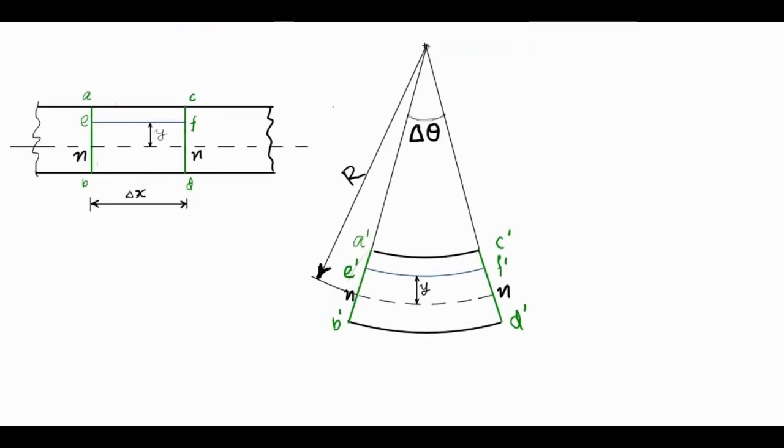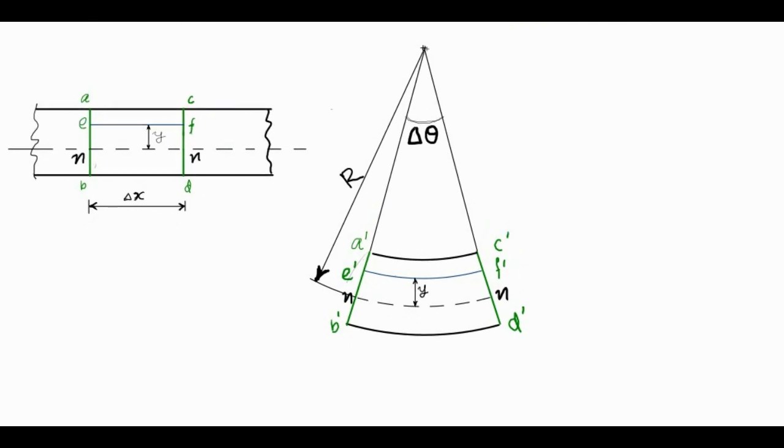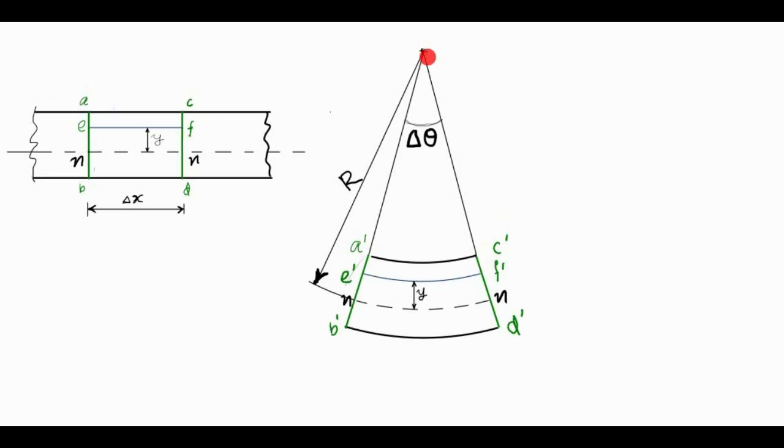We can also see that A dash C dash, B dash D dash, N dash, E dash F dash, all these lines form arcs of concentric circles.